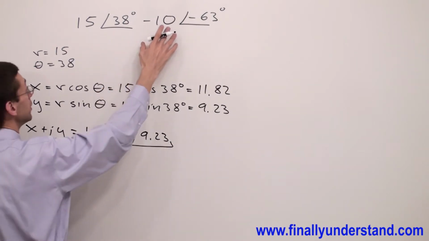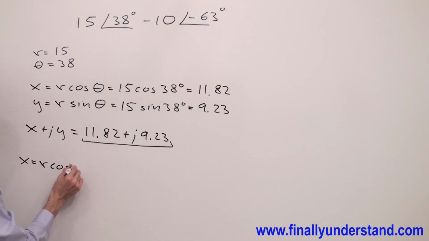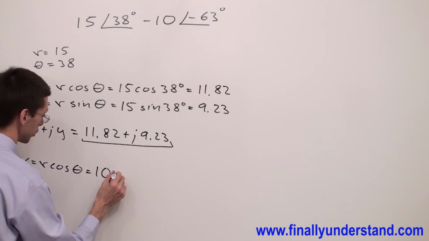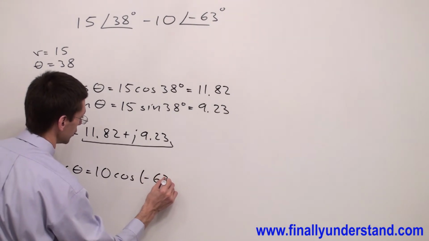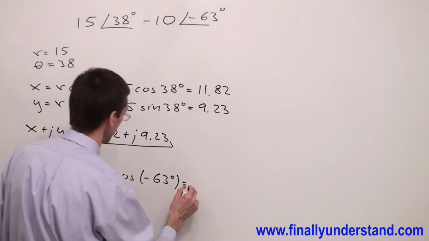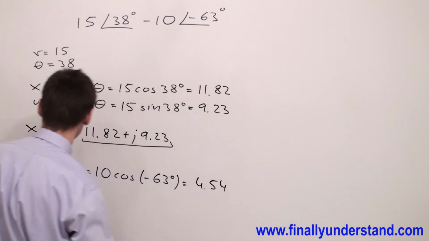Now let me convert this complex number to rectangular form. My real part is calculated by multiplying the magnitude of my phasor times cosine theta. So in this case, I'm going to have 10 cosine of negative 63 degrees, which is equal to 4.54.